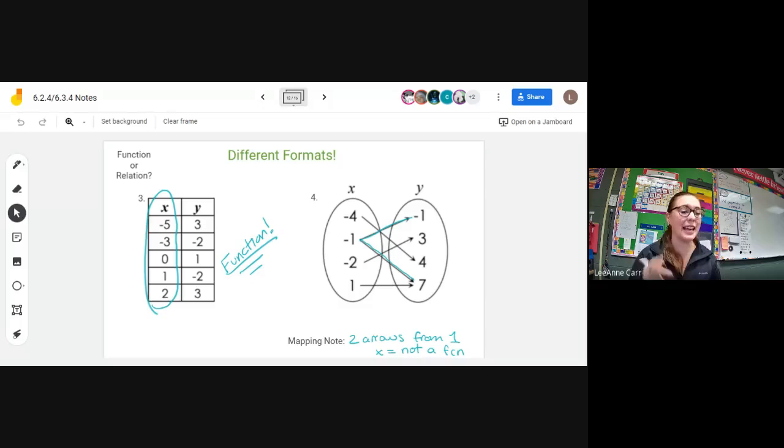Because -1 would be, yeah, so -1 would be used twice. So this is not a function, or as Kyra said, we could call it a relation. Awesome. I'm going to pause in case there are any questions here.